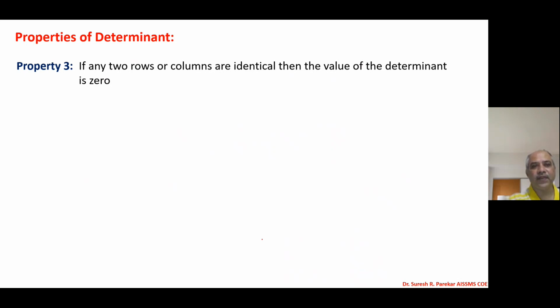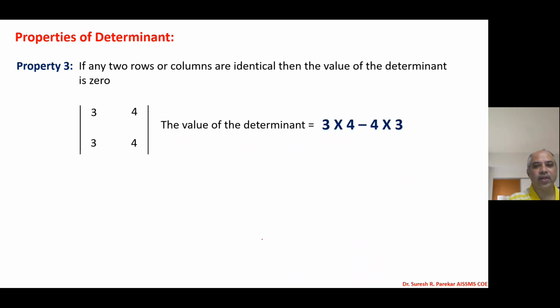Then property third: if any two rows or columns are identical, then the value of the determinant is 0. Here we have both rows 3, 4 and 3, 4, then it becomes 0.